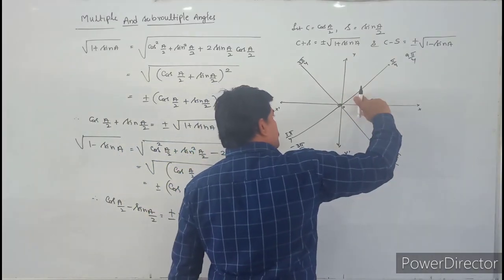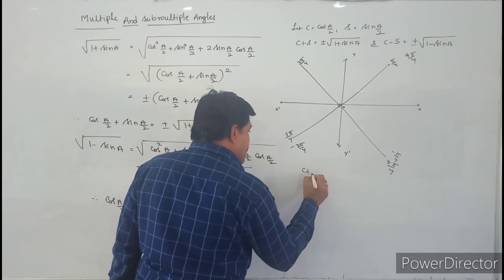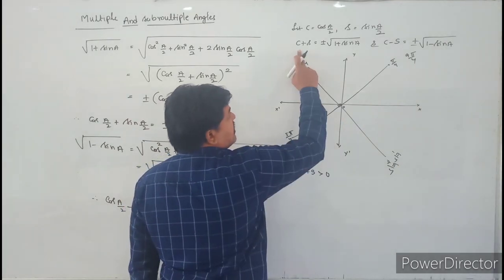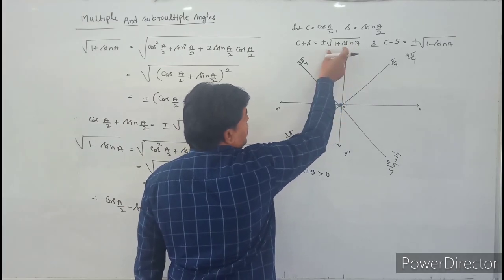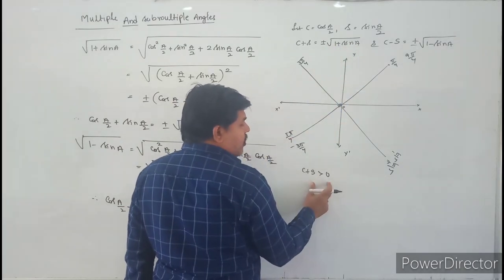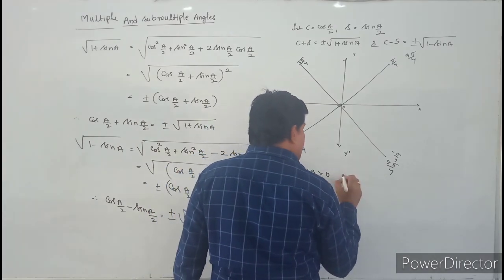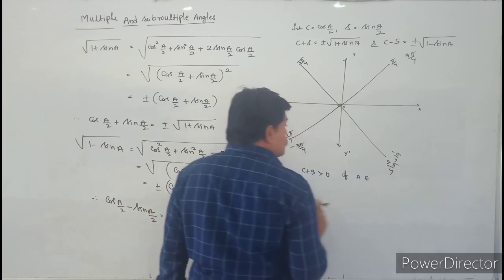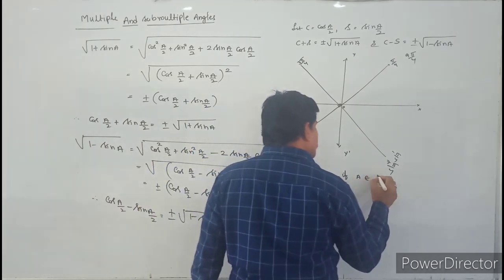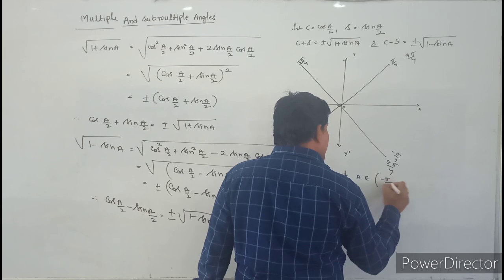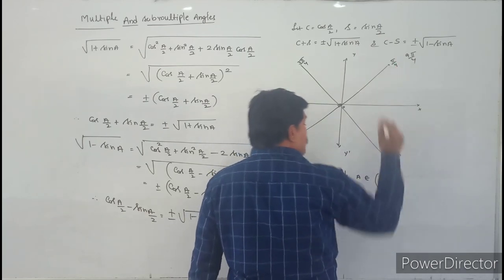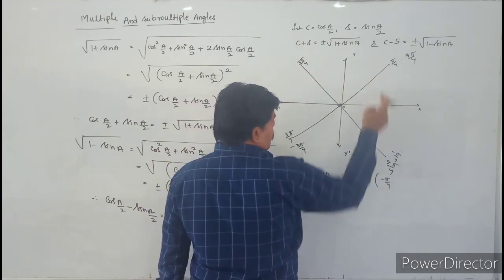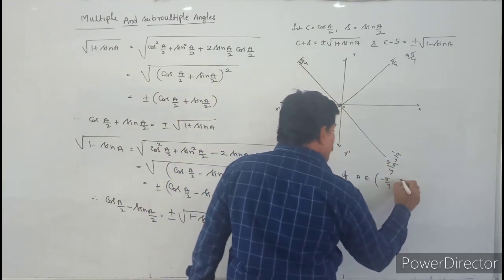So here first you have to take c plus s, which is positive. c plus s is nothing but root of 1 plus sin a. This value is positive. c plus s is positive if a belongs to minus pi by 4 to 3 pi by 4.